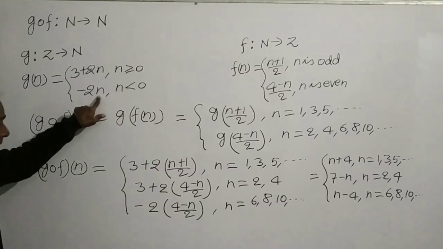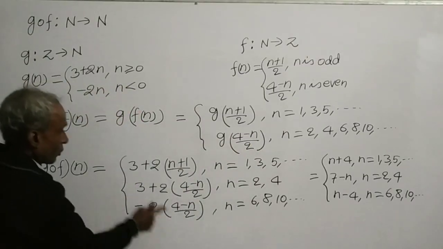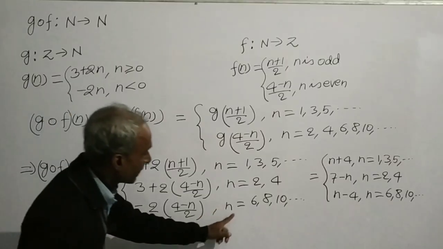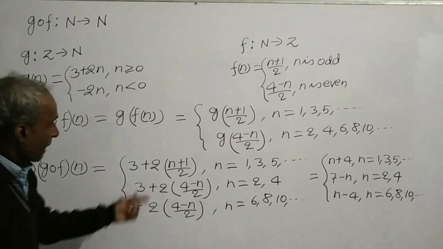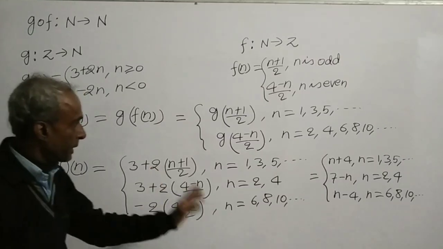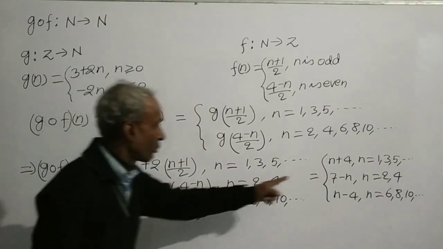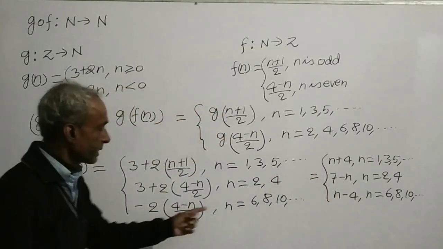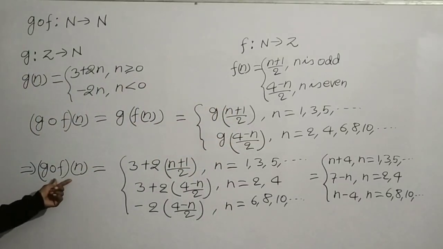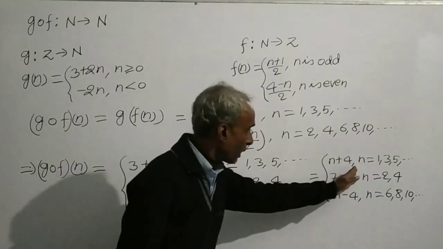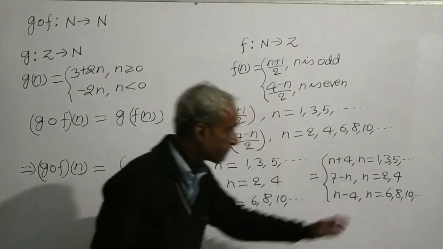In place of this n, we will write 4 minus n by 2, when n is equal to 6, 8, 10, etc. After simplifying it, we get n plus 4, 7 minus n, and n minus 4. Therefore, gof(n) is defined as this.